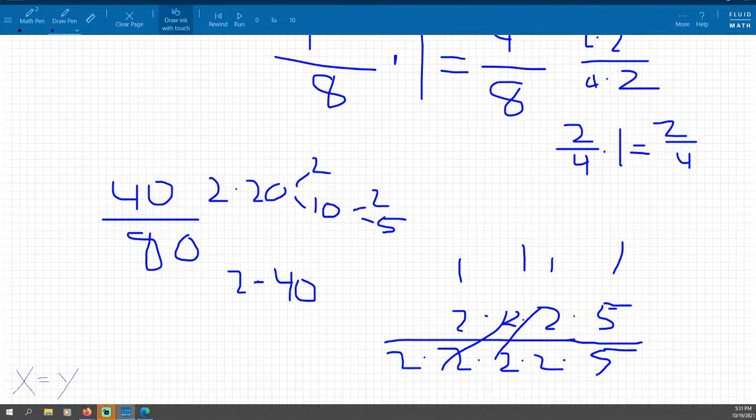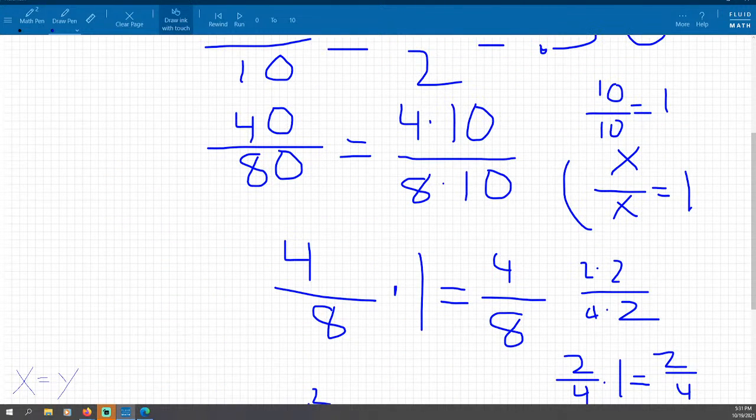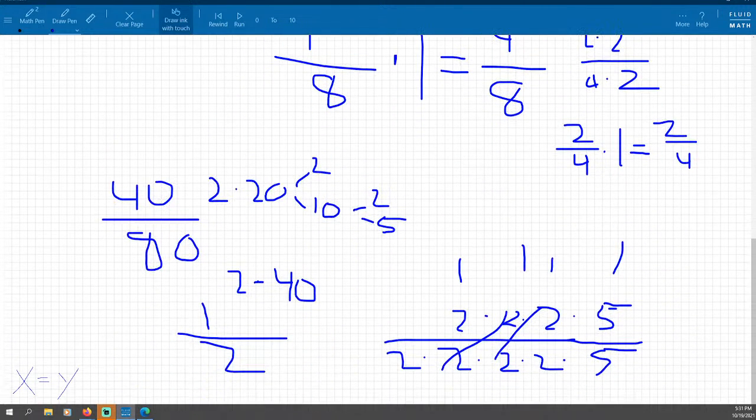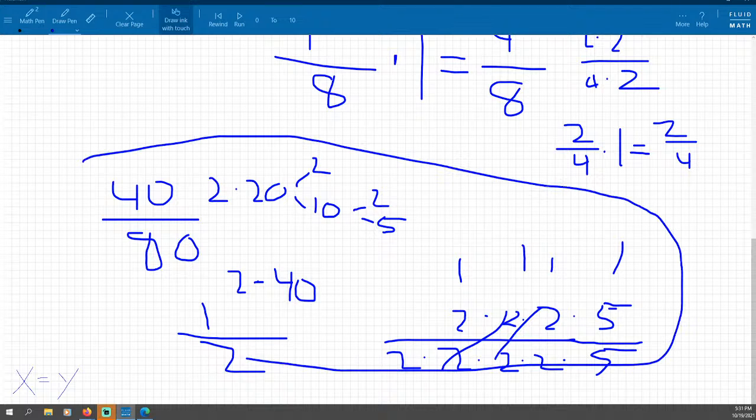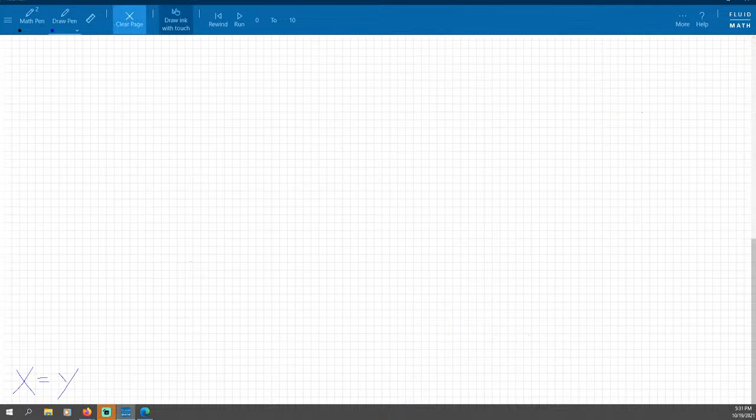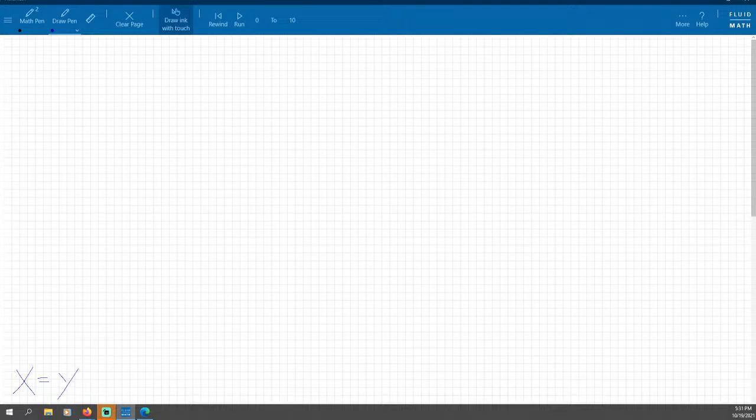So these are all turned into 1. So we basically have 1 equals 1 on top. So 1/2. So that's just kind of a quicker way to do this. We're going to learn quicker ways than this too, for sure.